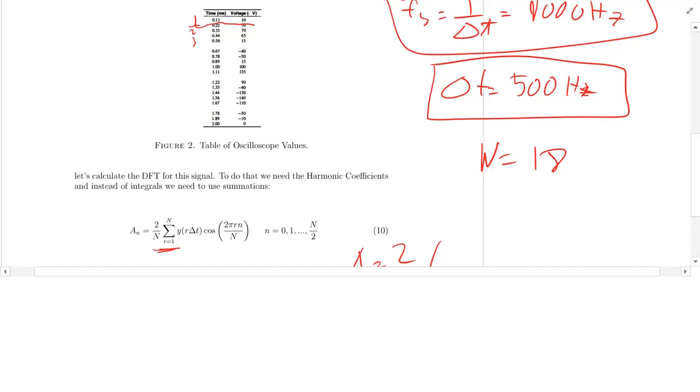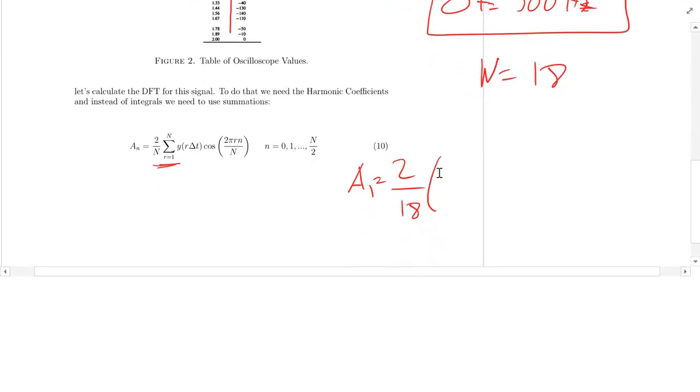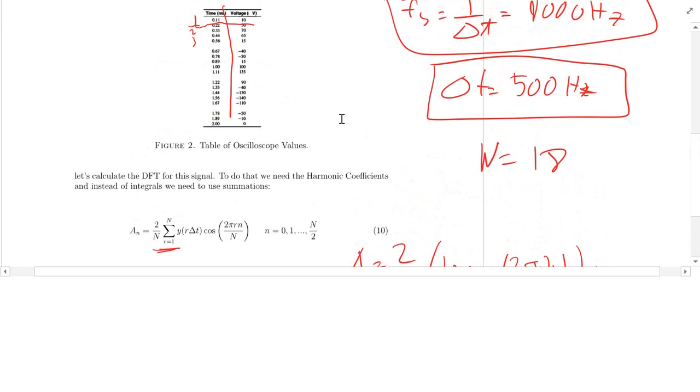So my y value at r equals 1 is this 10 volts. I'm going to go back down to here. So it is 10 volts times cosine of 2 pi times r, which is 1, times 1 over 18, which is already given here. Plus, now you're going to see where this gets a little annoying. What is my y value at the second data point?